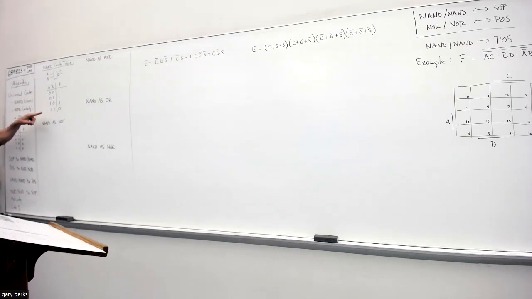So when you look at the truth table of a NAND, it's the opposite output of what you have with an AND. With an AND, you only get a 1 out when all the inputs are 1, otherwise you get a 0. With a NAND, it's just the opposite: you only get a 0 out when all inputs are 1, and otherwise you get a 1 out.